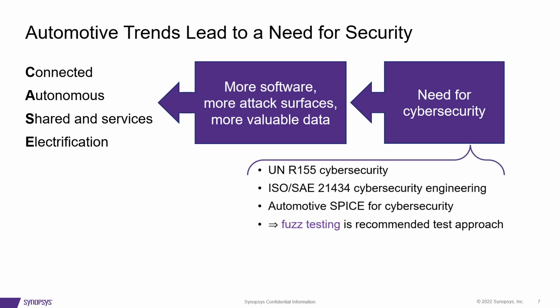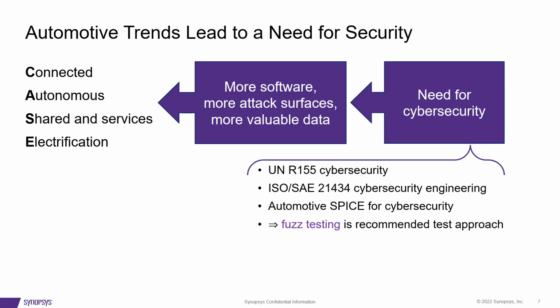This is already recognized in the automotive industry with the upcoming regulation UNR 155 on cybersecurity, as well as the ISO SAE 21434 cybersecurity engineering standard, and the recently released Automotive SPICE for cybersecurity.